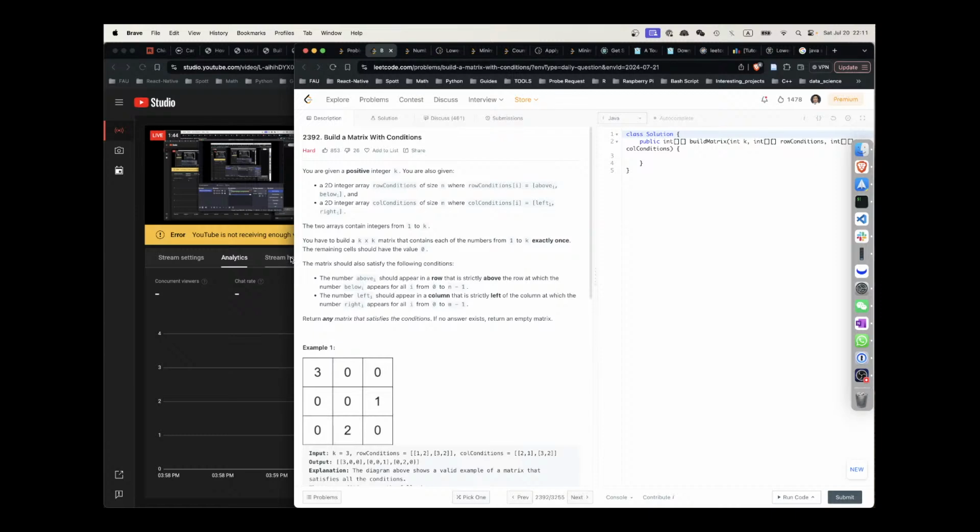The number above should appear in a row that is strictly above the row at which the number below appears, for all i from 0 to n minus 1.